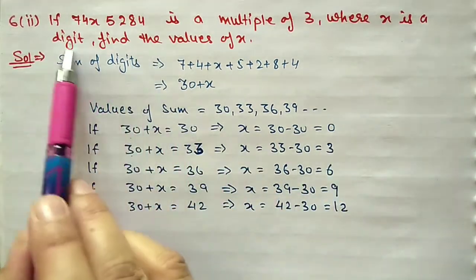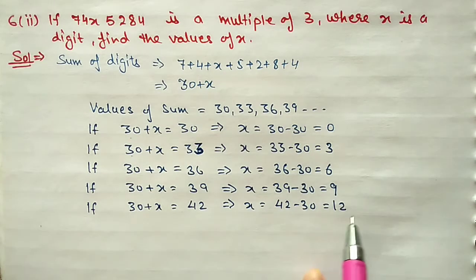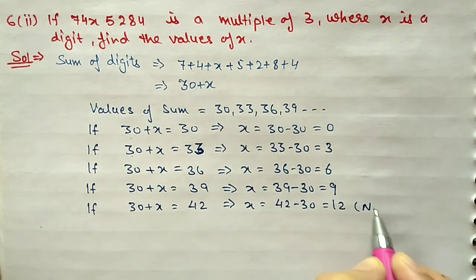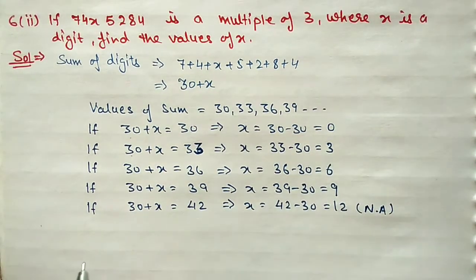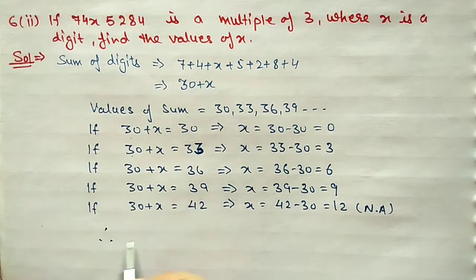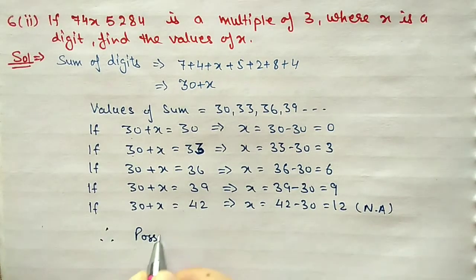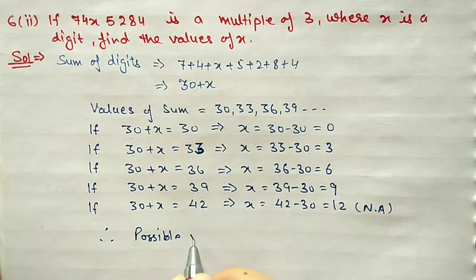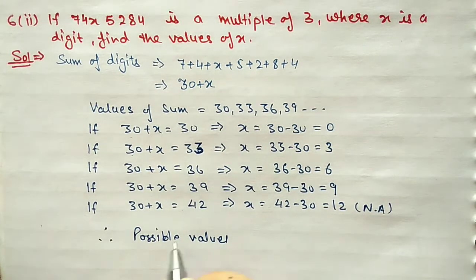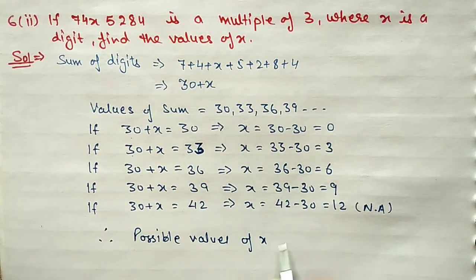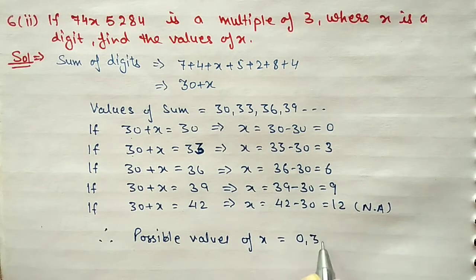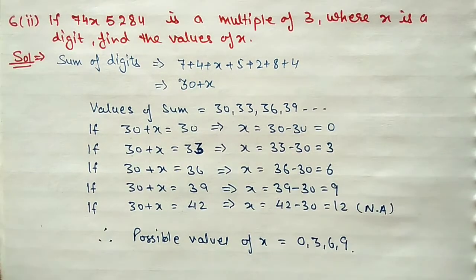And here we need only a digit, not 2-digit number. So this is not applicable. Till here only are the possible values. So therefore possible values of x will be 0, 3, 6 and 9.